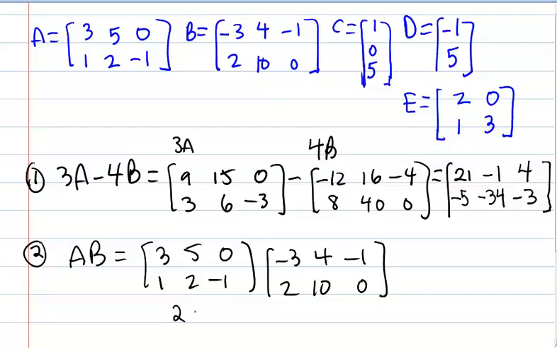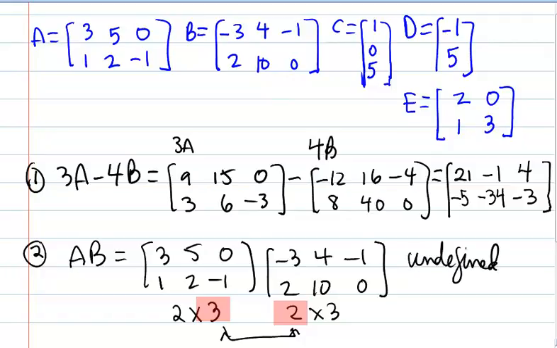A is size 2 by 3, and b is size 2 by 3, and we see these inner dimensions here do not match up, and so this is undefined. We can only do the multiplication when those inner dimensions match.